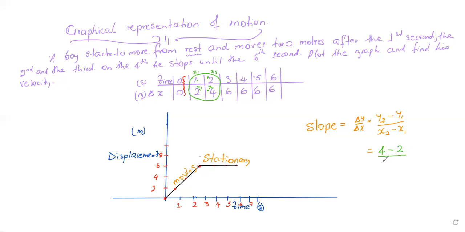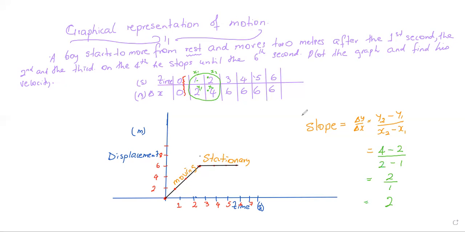And then x2 will be 2, x1 will be 1. 4 minus 2 is 2. 2 minus 1 is 1. That gives us 2.